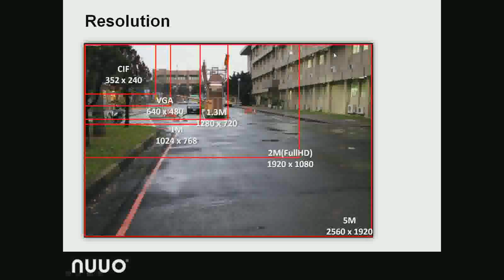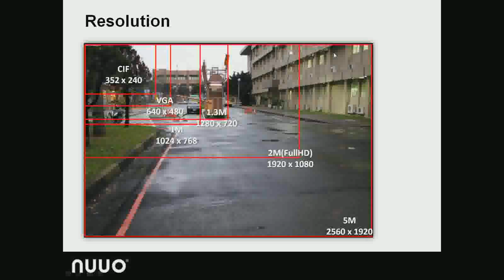To find out exactly how many pixels, we can simply multiply the width times the height, which in this case is 1920 times 1080, which gives me a grand total of 2,073,600 pixels. That's a lot of pixels.